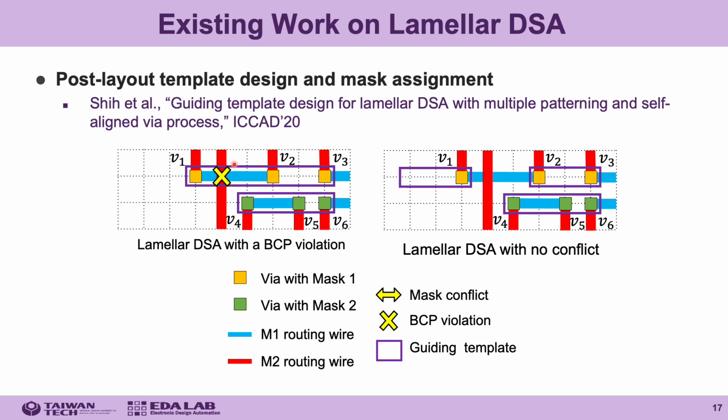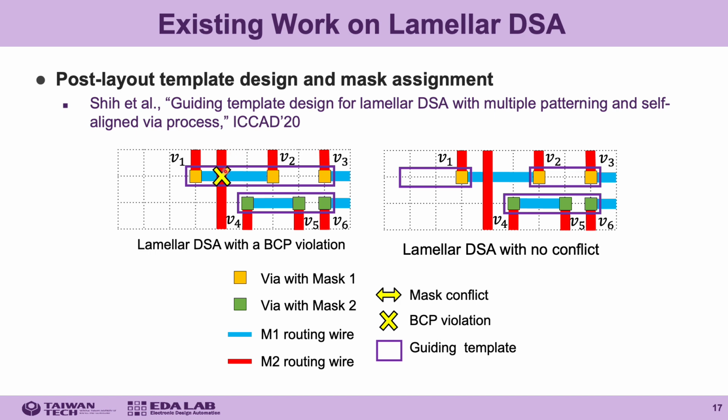As shown in this figure, if vias V1, V2, V3 are grouped into a template, an unexpected via will be generated at the location indicated by this cross, resulting in a circuit short problem.